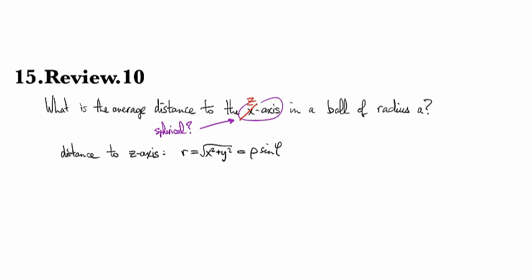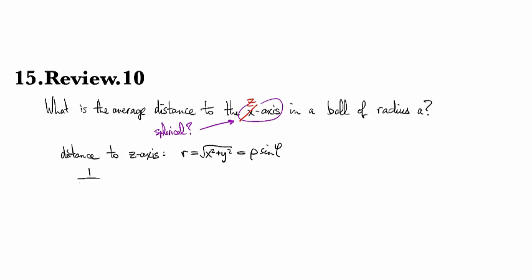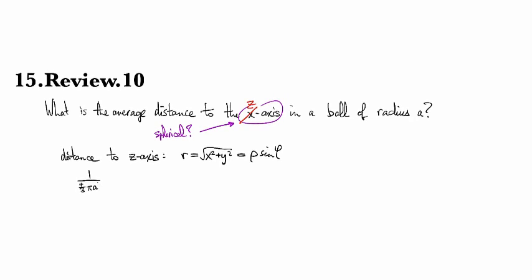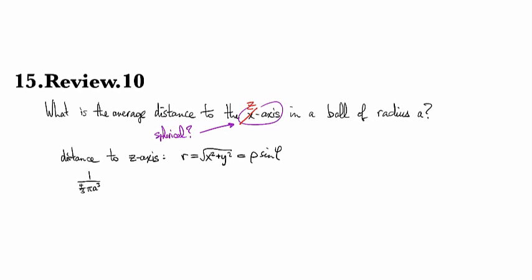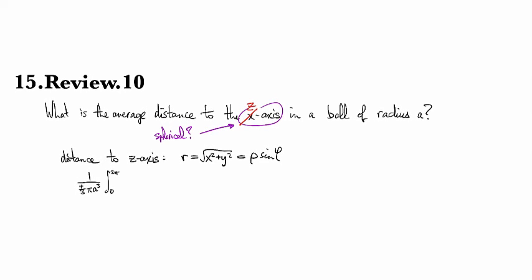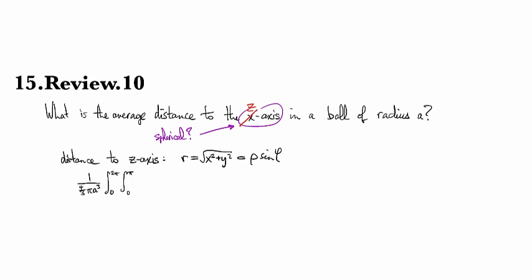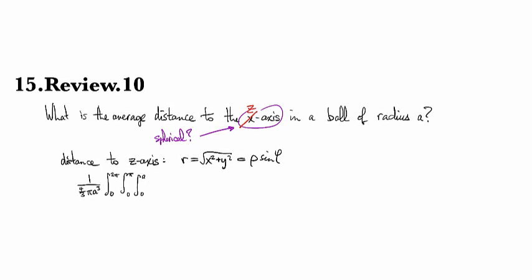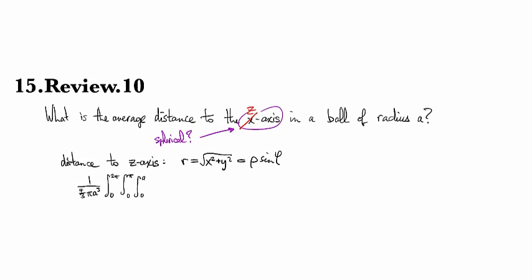Okay, so it's going to be 1 over the volume, because again we're doing an average, and then 0 to 2 pi, 0 to pi, 0 to a, and then we're just integrating the distance function.